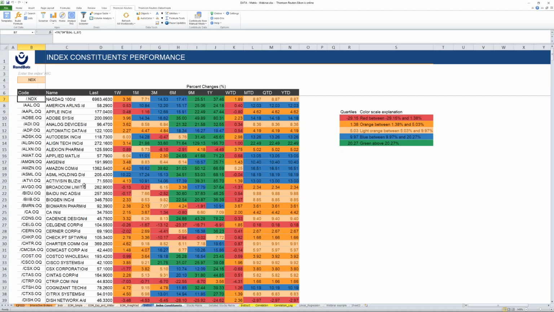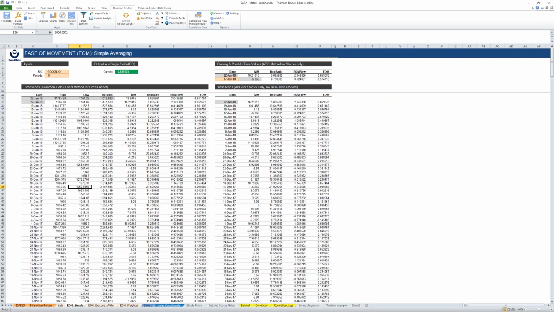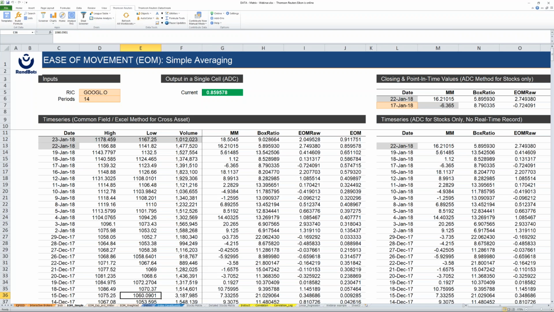So I do the slope for any of these instruments with this regression line in 5 minutes, 10 minutes, 15 minutes. And if I like the ease of movement with this simple moving average, it's a candidate to enter long or short.